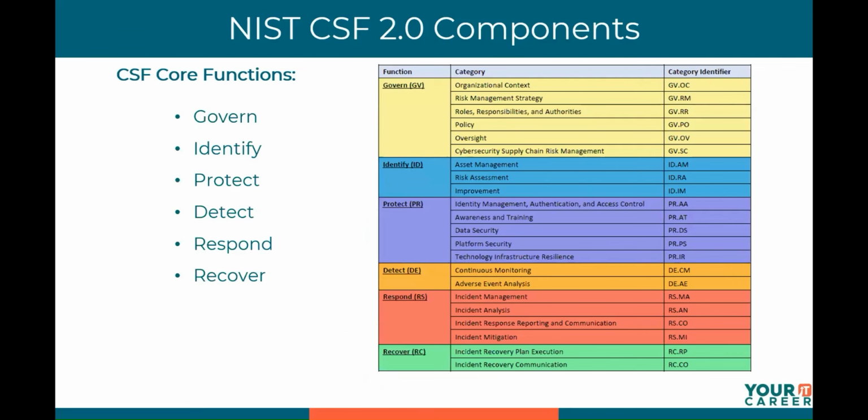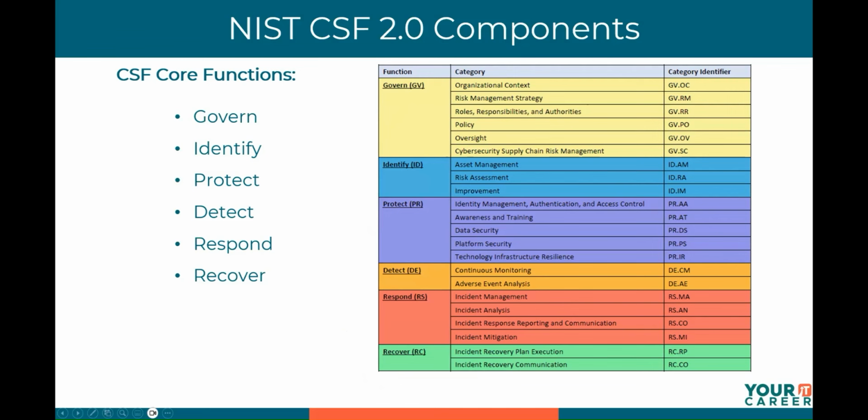And here is just a very high level view of the functions. You can see on the screen, we have the govern function, and then you have the category. So remember, the core has the function, the category, and the subcategories, which we'll take a look at. But this summarizes what the functions are and the categories.